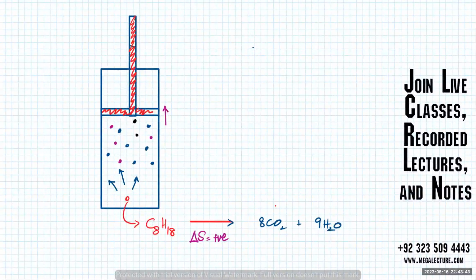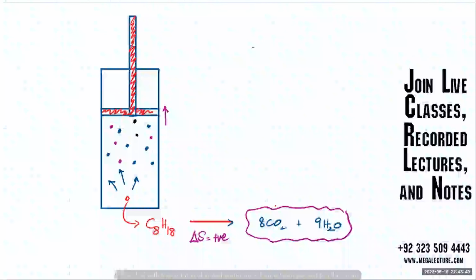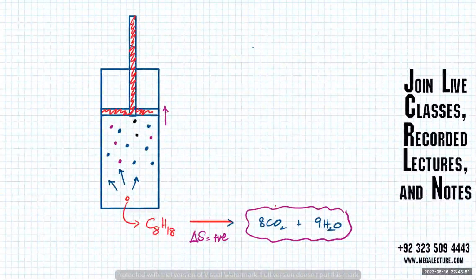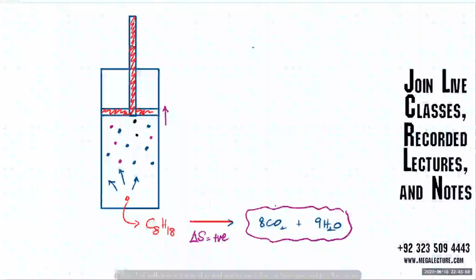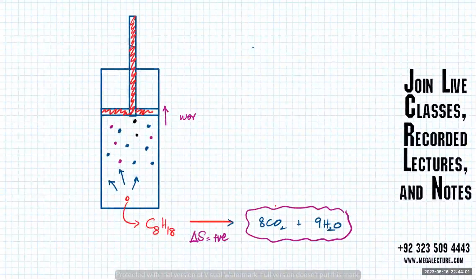What is important is that a lot of delta S gets produced. Burning petrol would have been useless if one molecule got converted into another molecule. That would not have been able to move the piston. So the piston is moving up because disorder gets created.